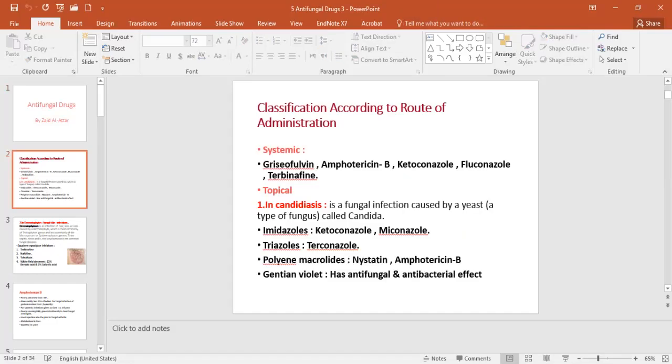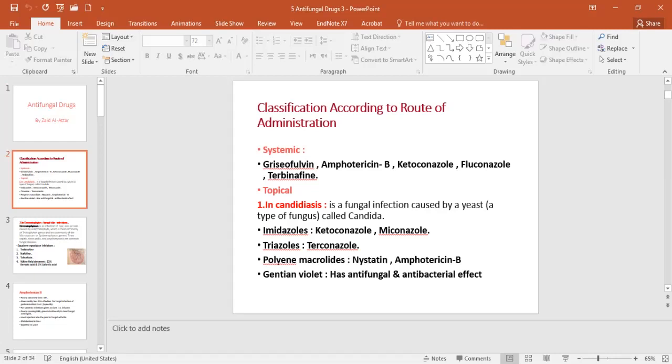so the classification according to the route of administration of these antifungal drugs, they are either for systemic fungal infections like that in the CNS or in the liver, or topical.